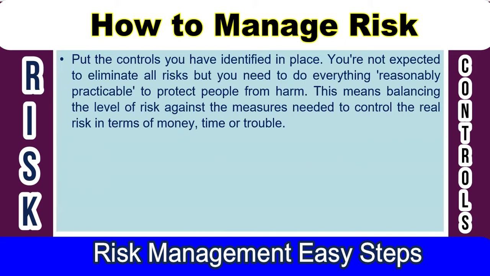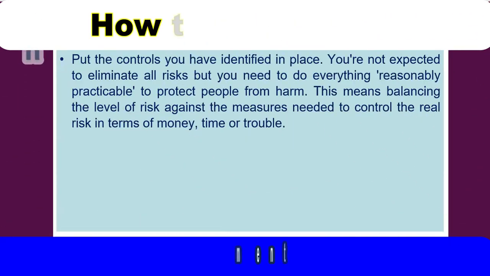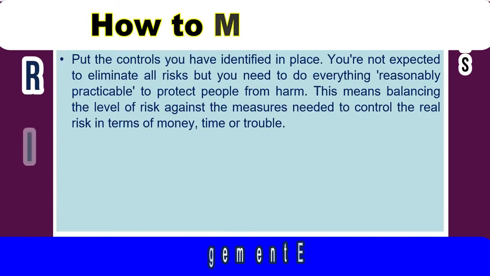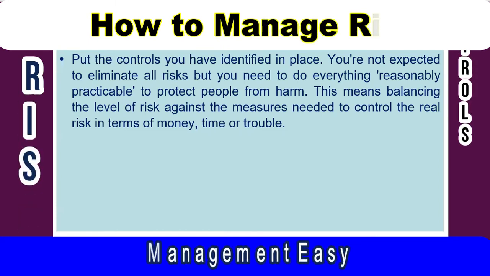If you are assessing the risk, you are recommending the controls and you are not considering money, time, effort, or trouble, it means that risk assessment is not suitable and sufficient. Maybe the assessor is not truly a professional person. Otherwise, money, time, and effort matters.